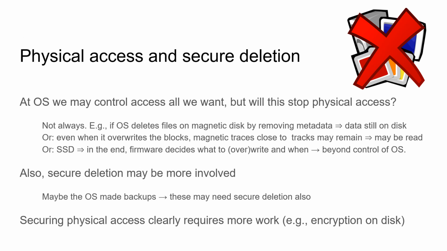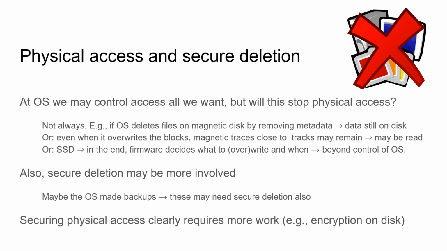Now, besides the access control that we provide in the operating systems, we also have to deal with the real world. And the real world might not use the operating system to access the resources at all. For instance, maybe you limit access to particular files on the file system via the operating system, but the data is still there on disk.